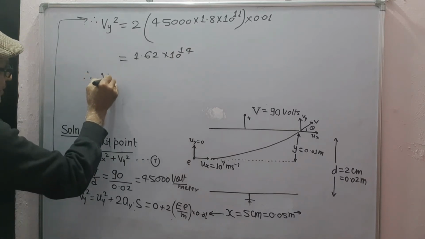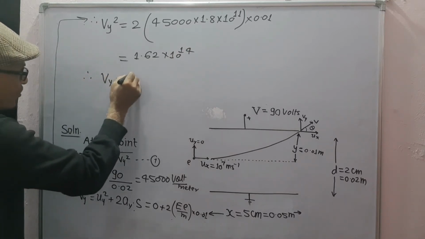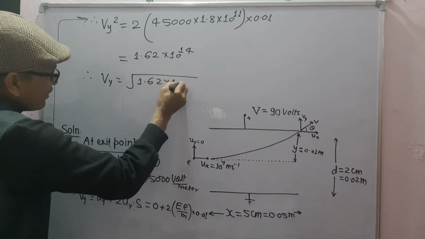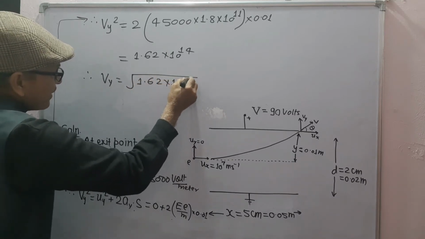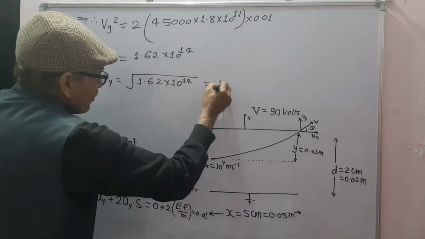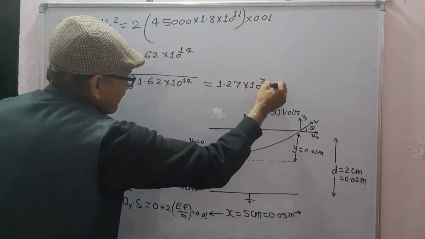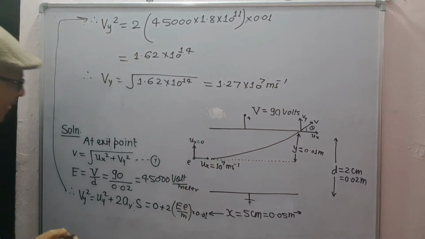Therefore, v_y will be the square root of this 1.62 into 10 to the power 14, and this will be 1.27 into 10 to the power 7 meter per second.